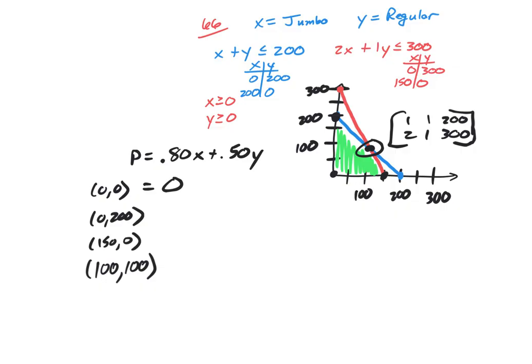And then the final thing we've got to figure out is which one of these maximizes my profit. Which one's going to make me the most amount of money each day? Well, this one here is 50 cents times 200, which is $100. Okay, here we're going to take 80 cents times 150.